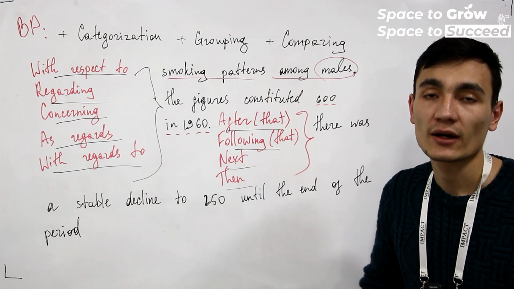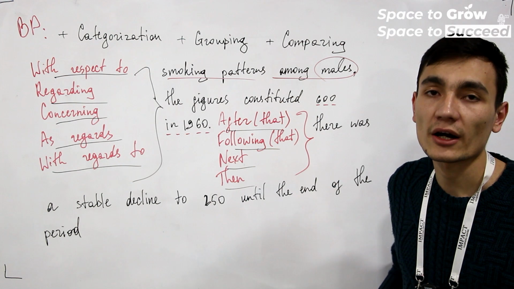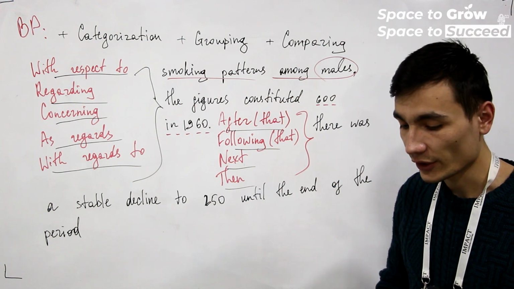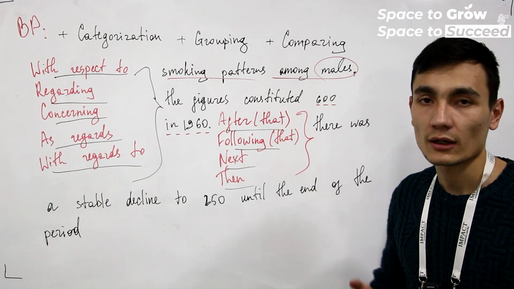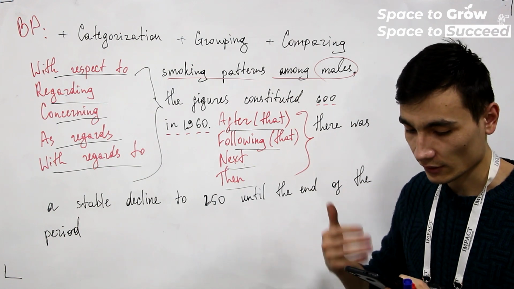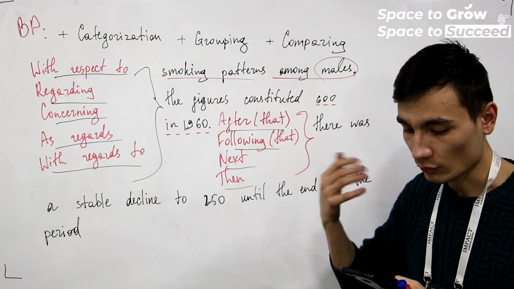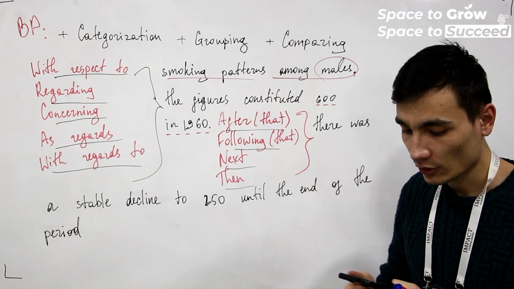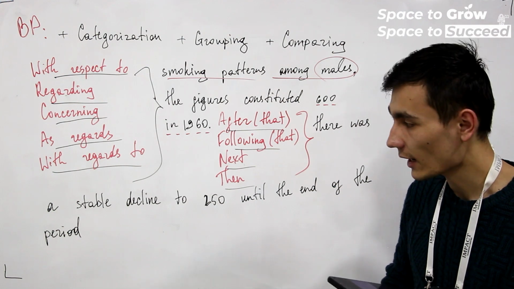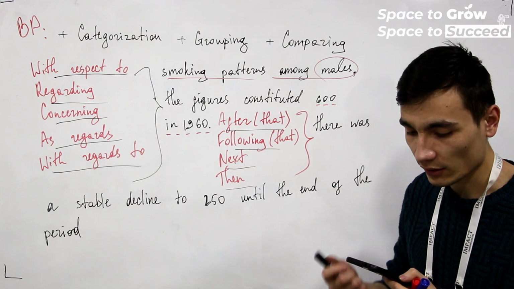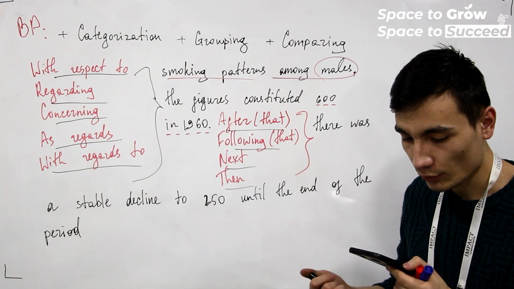It's not enough detail to get a high task achievement score. So we have to add some information. We have to give some important points, important numbers, to get a higher score and to show what happened here. As you see in the line, you have more important numbers here.